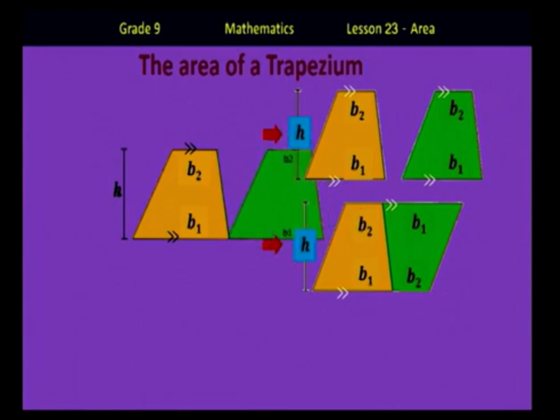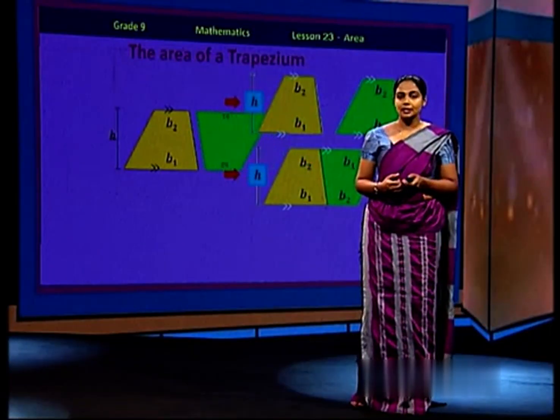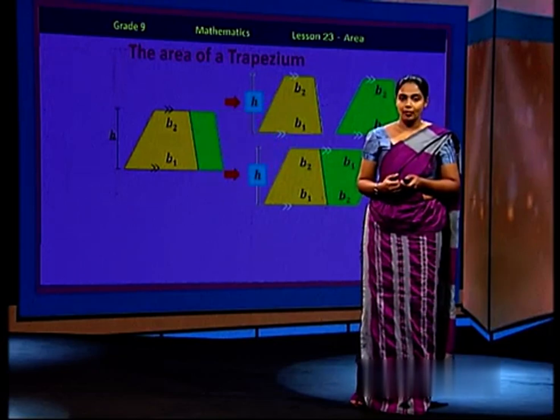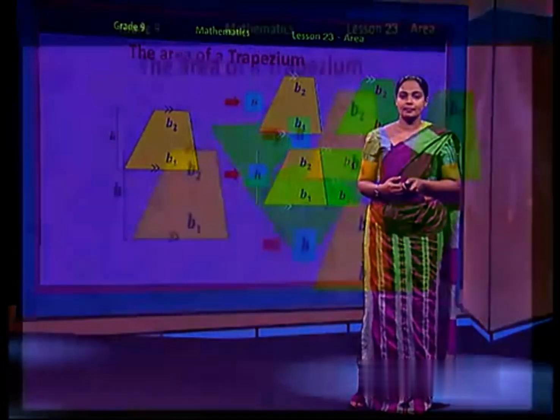In the previous part, we found the area of a parallelogram. Now using that, you can get the area of a trapezium. How can you do it? According to this diagram, this parallelogram we formed, you can observe the area of the trapezium is half of the area of the parallelogram.